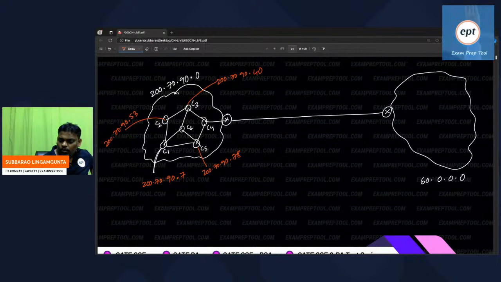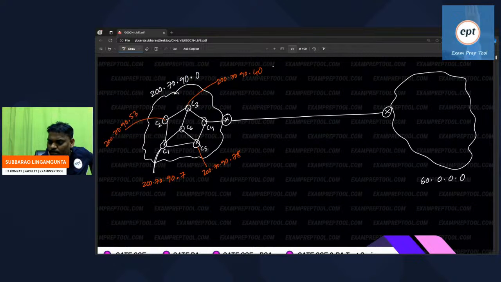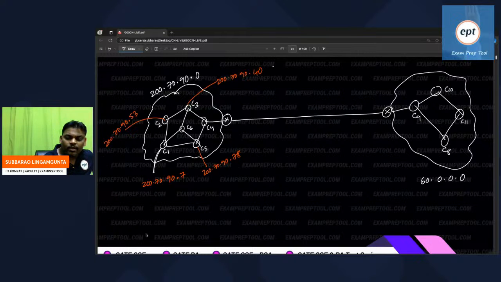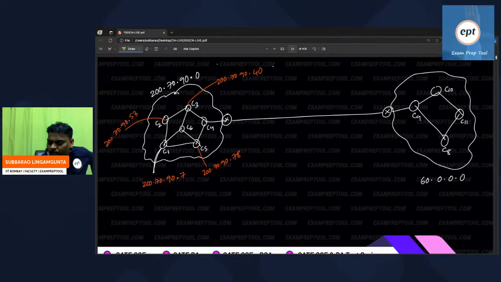Please be careful. Now let me write the right side also. So many computers are there on the right side. The computers may be C8, C9, C10, C11. Every computer has a network and an IP address also. This is 60. Listen everyone.